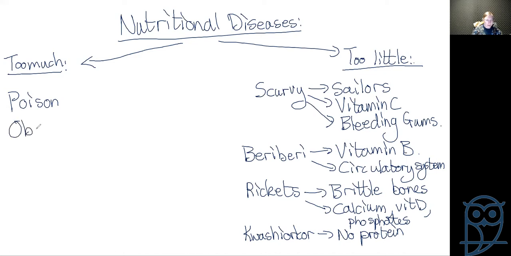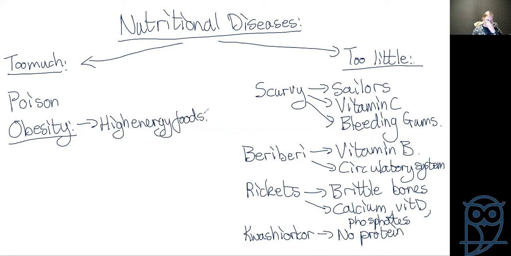Then we have obesity. So this is classified as a disease. And this just means that you have too many high energy foods. This could literally just mean that someone is eating too many calories throughout a day and they're not using up all of the calories.